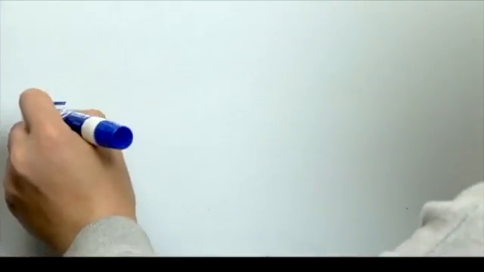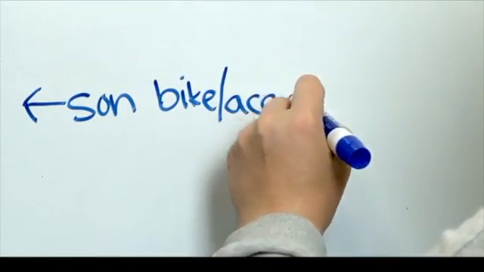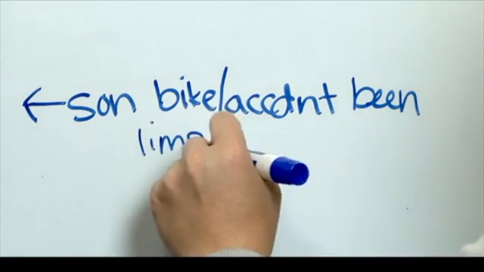Let's see if you can do it. Take a moment and read the sentence. Apply the guidelines and see what you can do with your note-taking skills. Suggestion of how you can apply the guidelines. After son had bike accident and he has been limping.